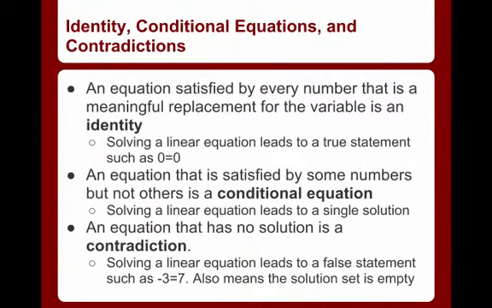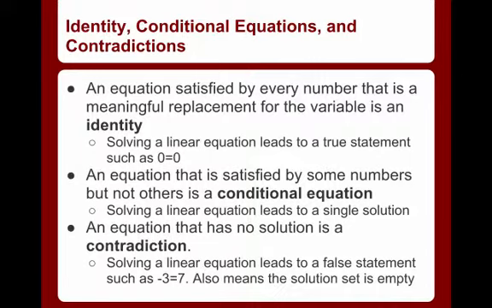There are three types that we can have when we're talking about linear equations. The first one is an identity. When you solve the equation, it's saying that you can plug in any real number and the entire statement will be true.